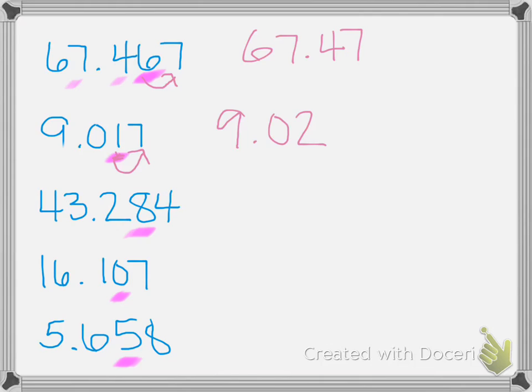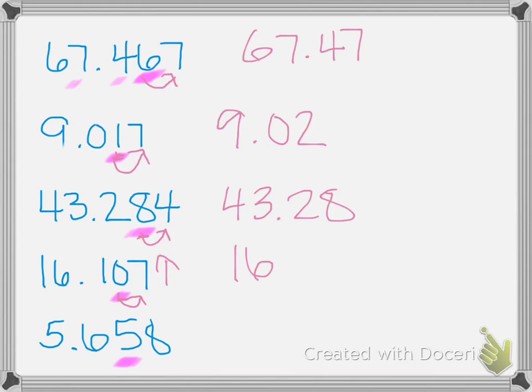The next one, 43 and 284 thousandths. We're paying attention to this 8, so we look to the right. Since it's a 4, we're going to round the 8 down to an 8. So it'll be 43 and 28 hundredths. Next, we have 16 and 107 thousandths. We're paying attention to this 0 here, so we look to the right. Since it's a 7, we round up.